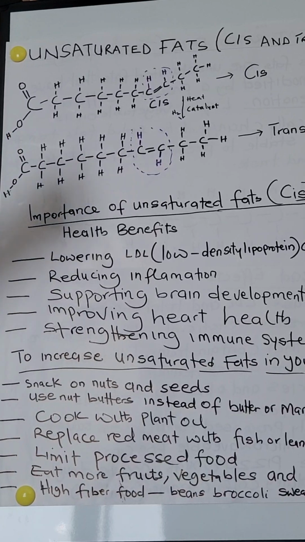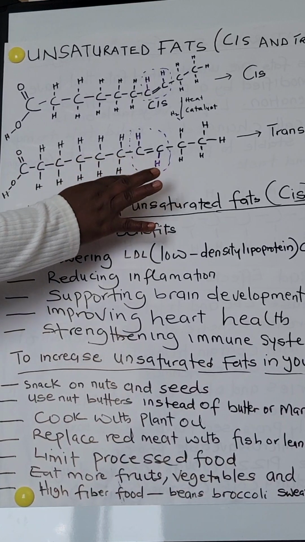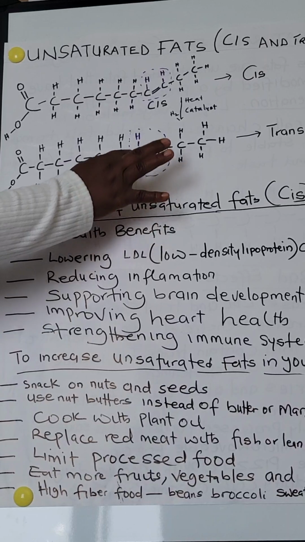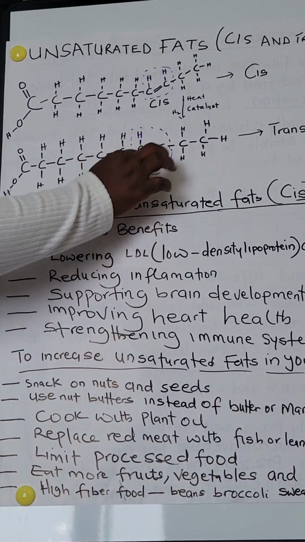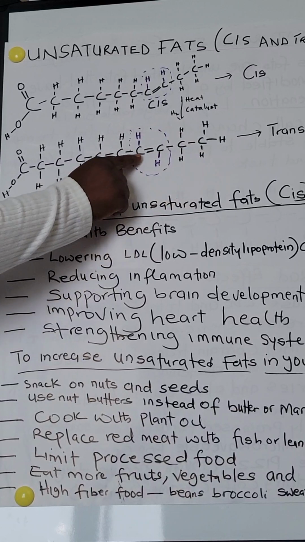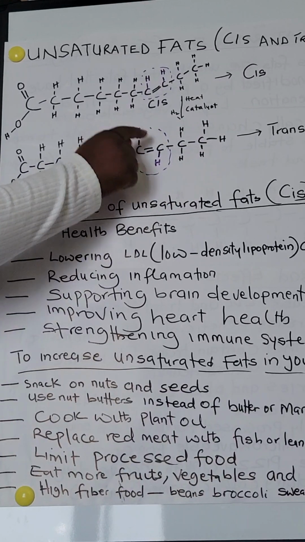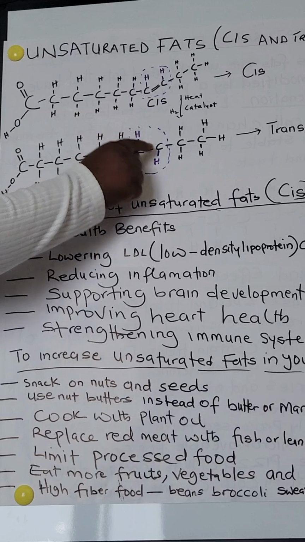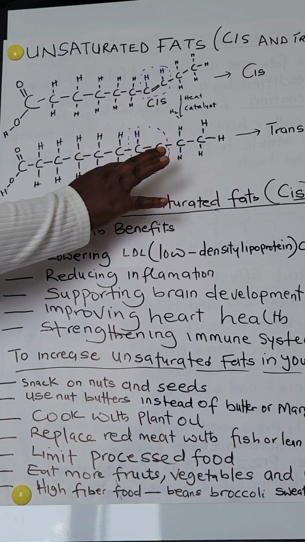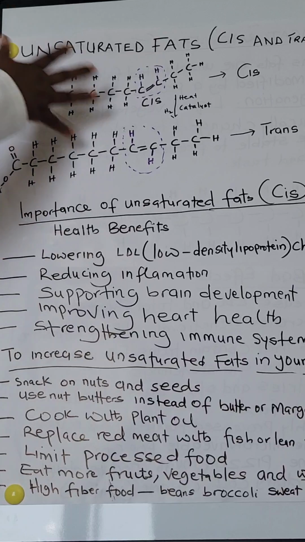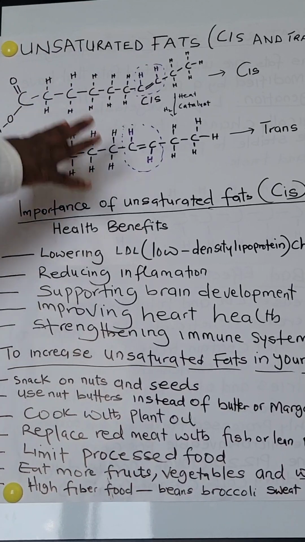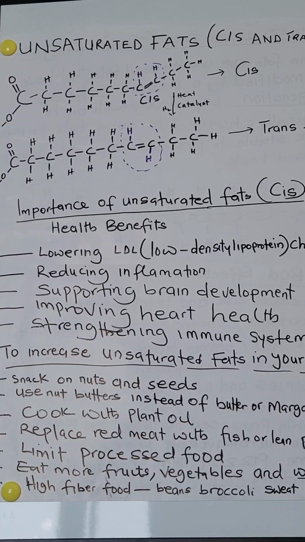But if you look at the second one, this one is trans. When the two hydrogen atoms that are attached to the carbon double bond are on different sides, this one is up, this one is down, it's the trans isomer. They have the same molecular formula, but because of the structural formula, they are no longer the same.